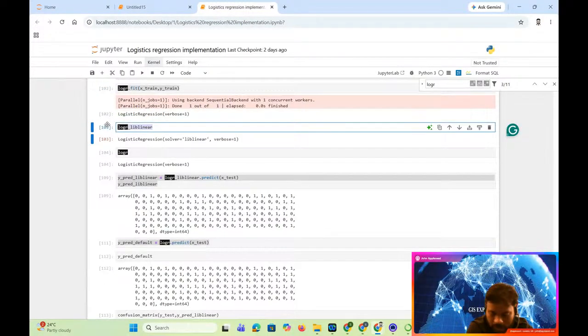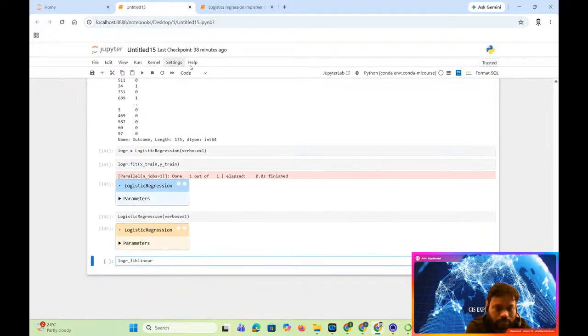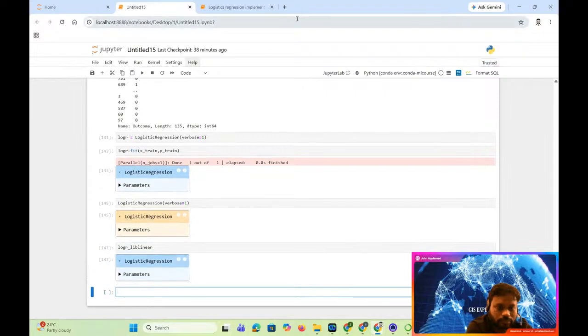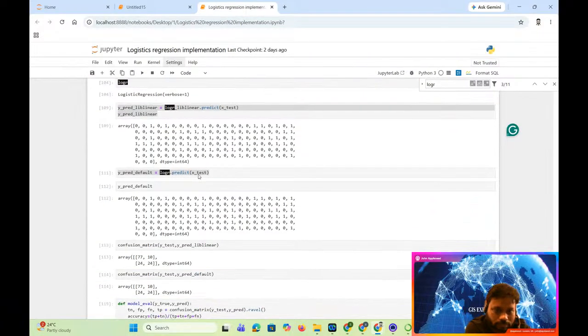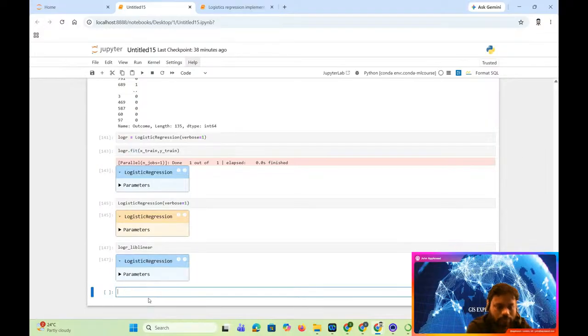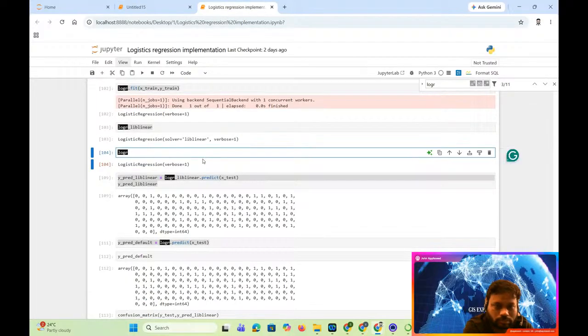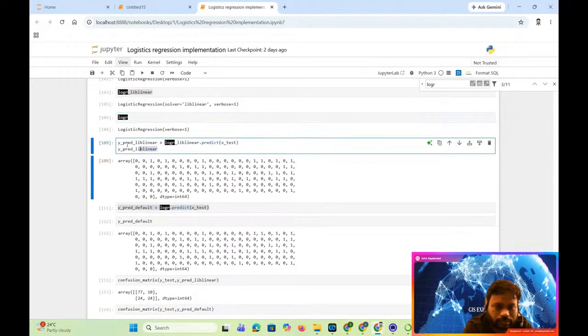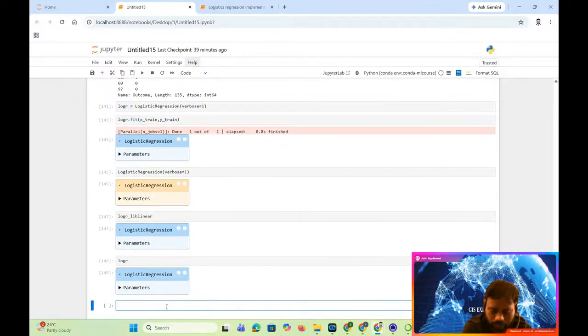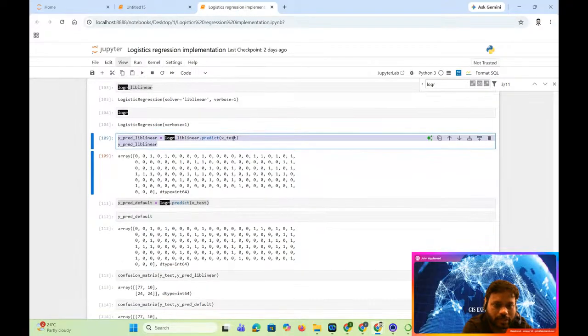Log sublinear. 1. Okay, now arrays come.